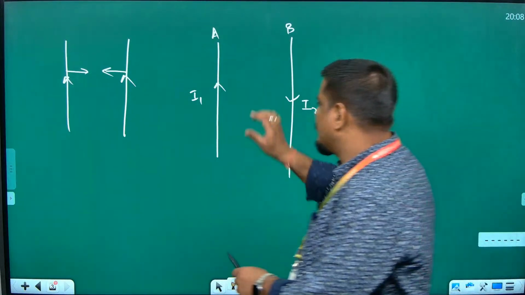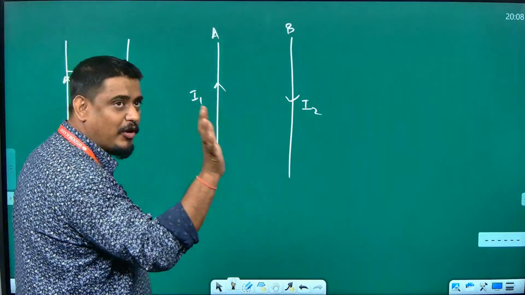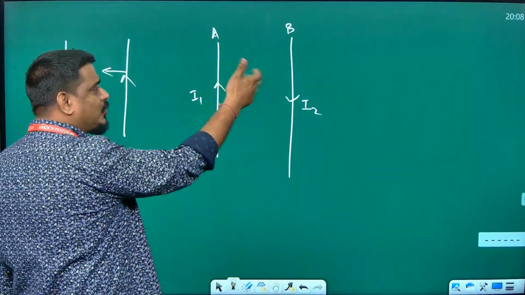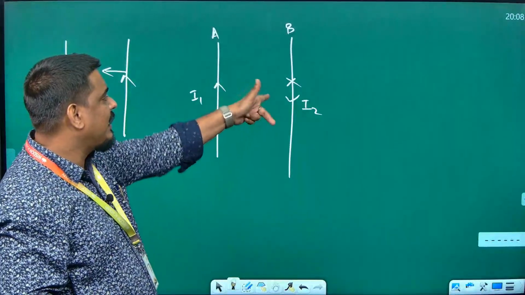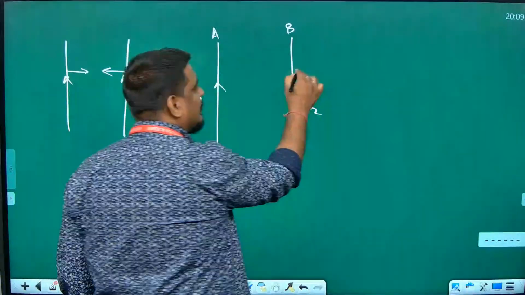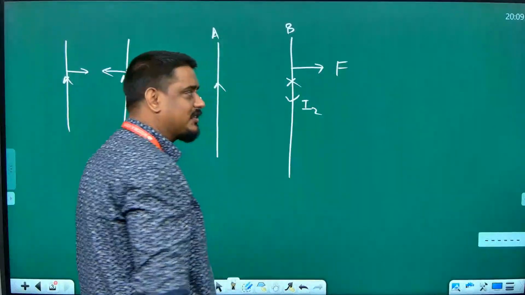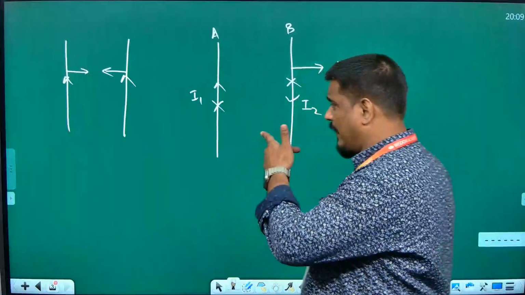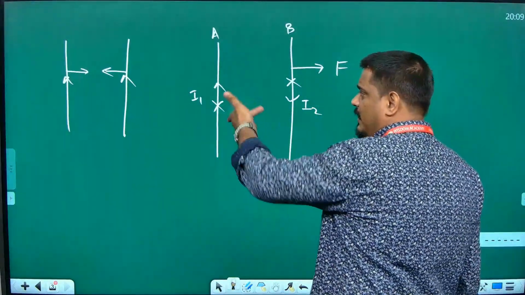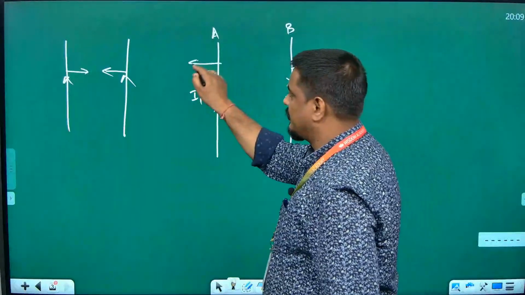Once again we will use the same logic. Current in the upward direction, towards the right side, magnetic field is into the plane. Magnetic field into the plane, current downwards, thumb acting towards right, so force in this direction. Same way, current is down, magnetic field is into the plane, left hand rule, magnetic field into the plane, current upwards, force acting in this direction.